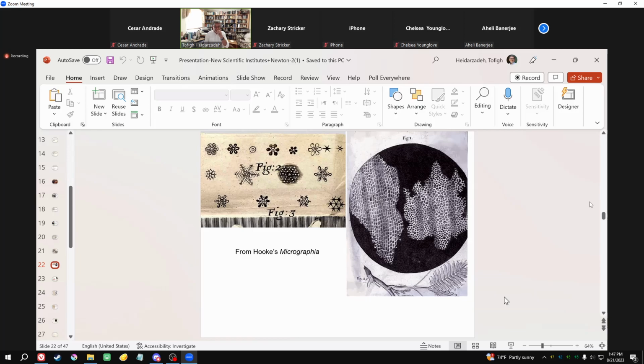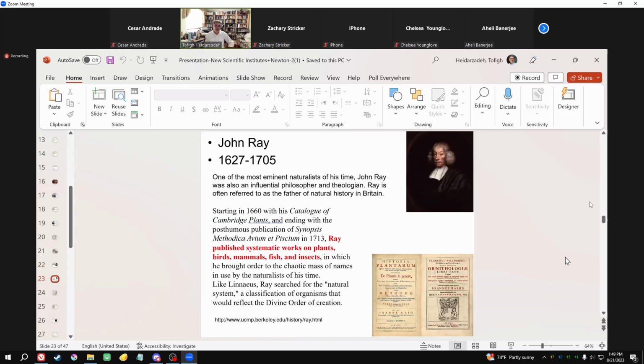So this is the period, we already talked about that period of big journeys, discovery, age of discovery, and thousands of samples arrived in these institutes from all over the world, and they had to study them and find out about the connection between them, or define them, identify them.